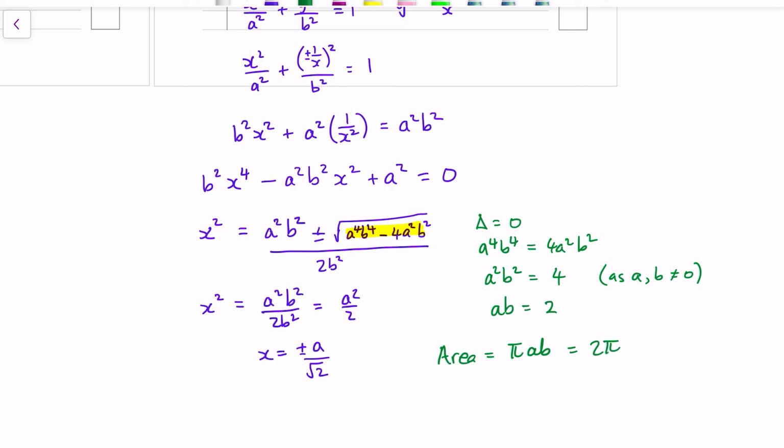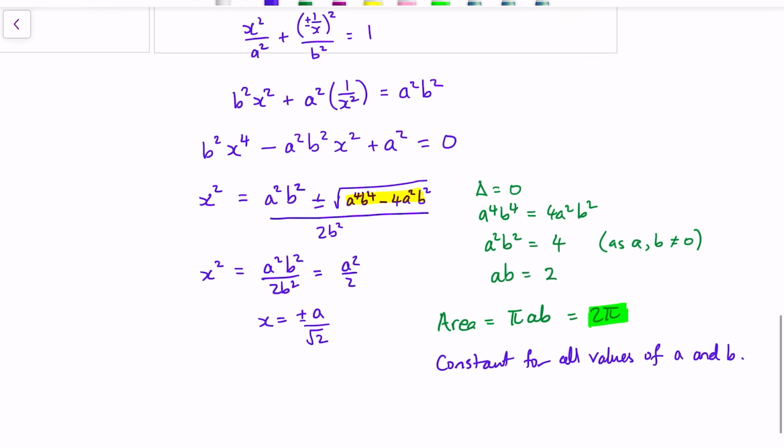And what that is telling us, and we do need to recognize it, is that the area is constant. Constant for all values of a and b.